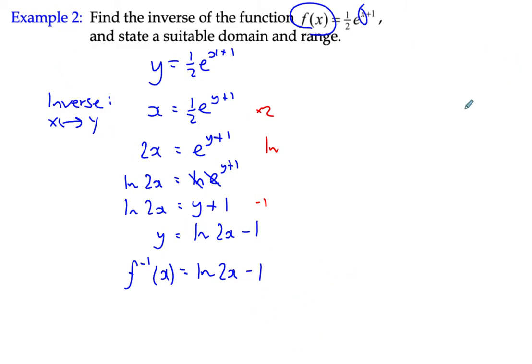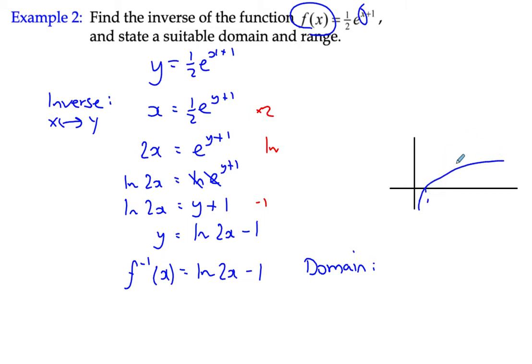If I want to state a suitable domain and range, let's have a look at what that might be. The domain of the natural log of 2x minus 1: are there any values which we can't put in? Well, think about what a natural log function looks like. Hopefully you're familiar with the idea that the natural log function looks a bit like that.